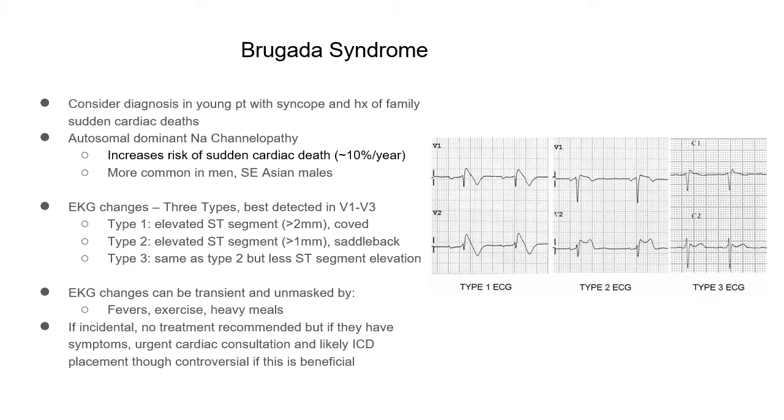It's this saddleback, like a saddle on a horse, you see this in your ST segment. And then the type 3 is same as type 2, but you have less ST segment elevation. It's more subtle, but you still see the saddle in that type 3. It's just not as elevated.